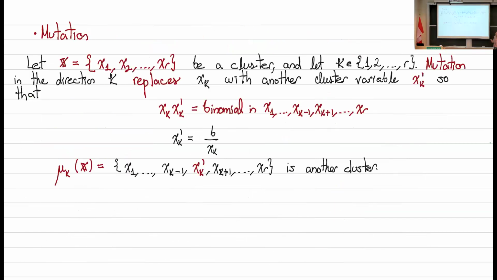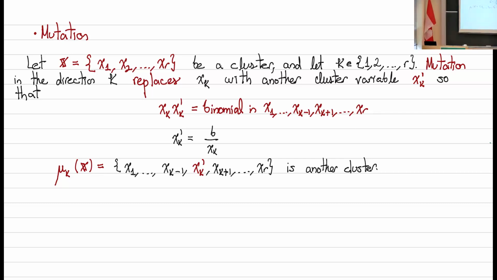Okay. So let's see how you mutate. So you start with a cluster X, which is again a set with r elements, which really generates the field F. And you take some number k between 1 and r. The mutation is going to replace the variable xk with another variable xk prime.